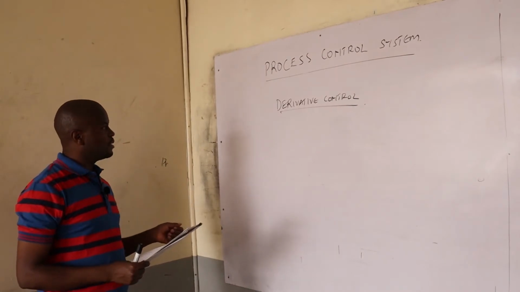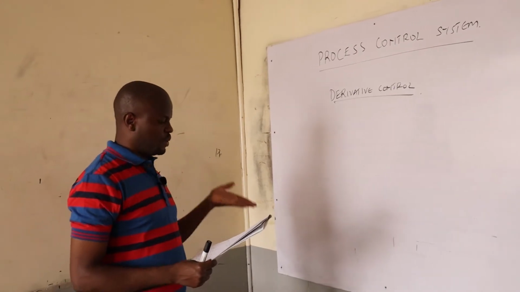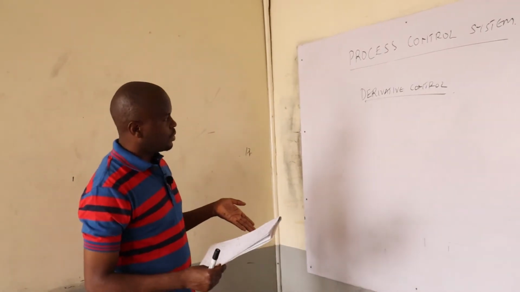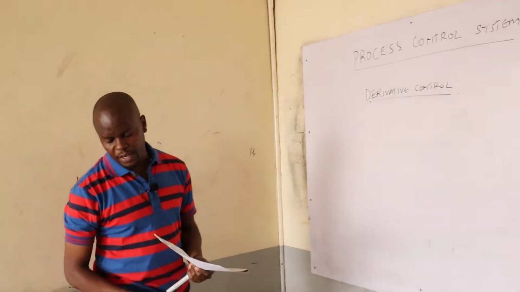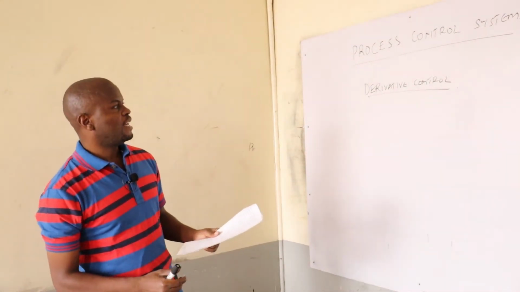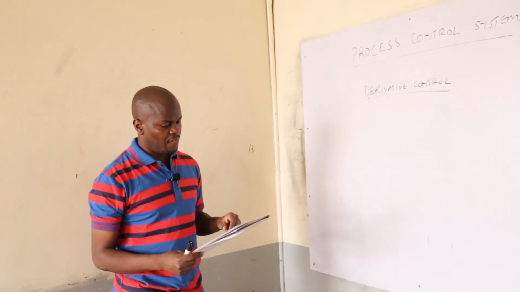For this reason, the derivative mode is not used alone, and it is always used in combination with other modes. That is why it is always referred to as pre-act. It does not change with the error, but with the rate of change in the error.